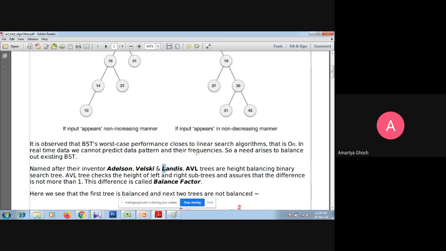So an AVL tree is a balanced tree where the difference between the left subtree and the right subtree of any node of that particular tree is not more than one, not more than one. Okay. So what is the basic definition?